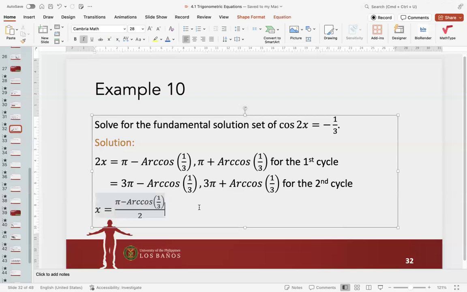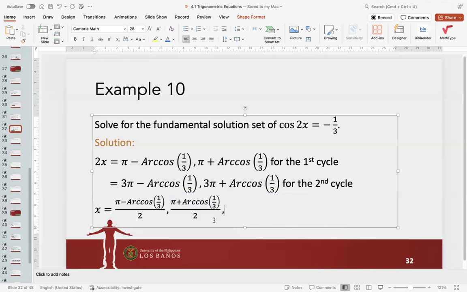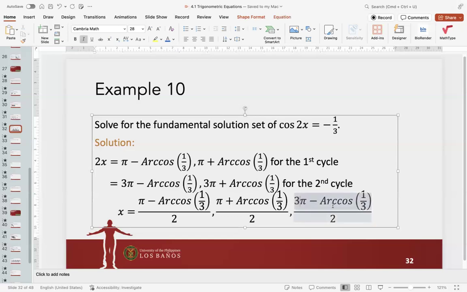And then, for the second solution, so sa pangalawa, for this one, we divide this by 2. So, pi plus arc cos 1/3 divided by 2, or all over 2. And then, for the third solution, you can just do the same thing. But this time around, magiging 3 pi minus arc cos 1/3 all over 2.